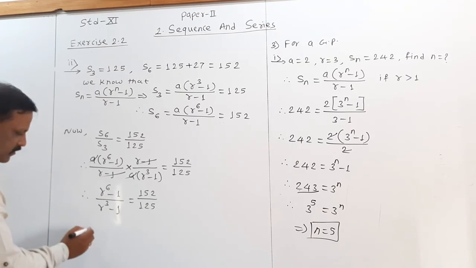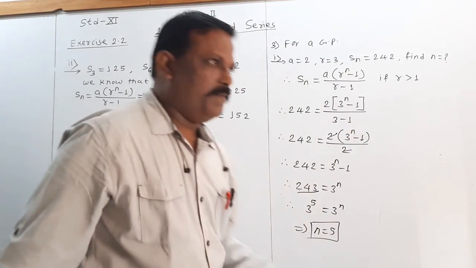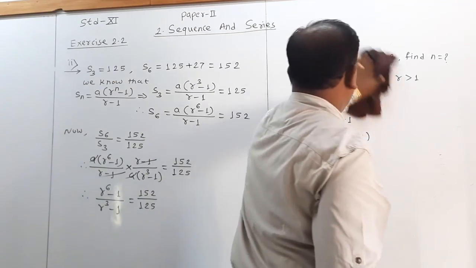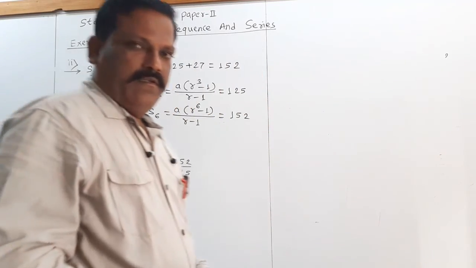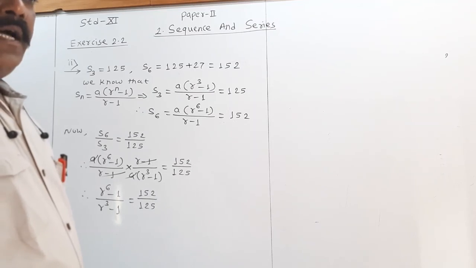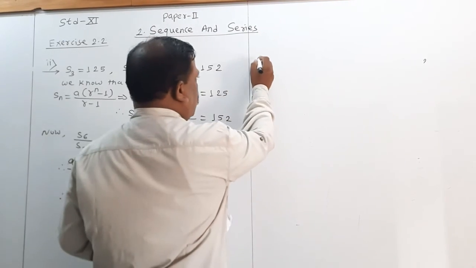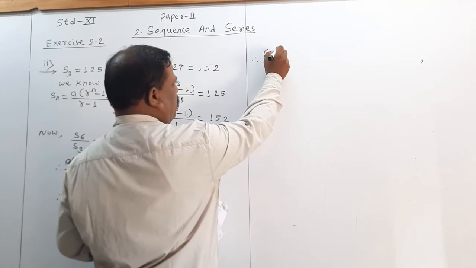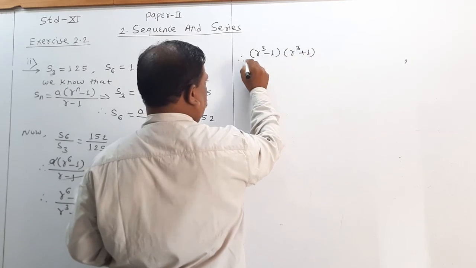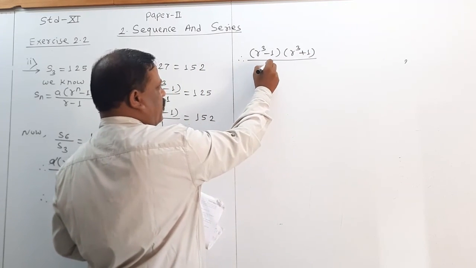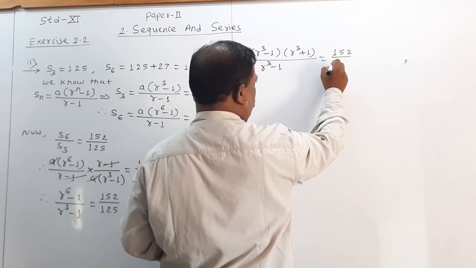Taking the factors by using the identity A square minus B square. So the factors of R raised to 6 minus 1 are R cube minus 1, and second is R cube plus 1, divided by the R cube minus 1 equal to 152 upon 125.